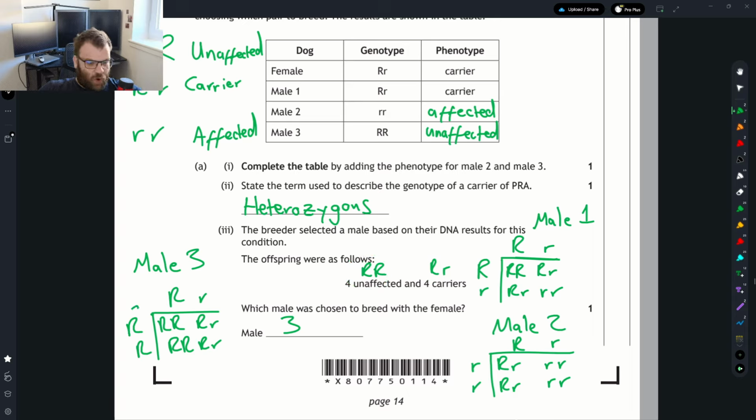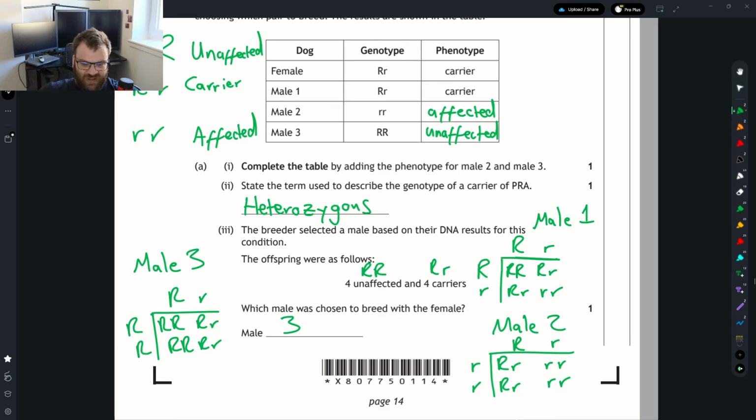Because in that case, all of them get a big R from their dad, half of them get a big R from their mum, so they're unaffected, half of them get a little r, which means they'd be a carrier for that. So there are ways of doing it where you just work your way through it. Writing them down like the Punnett square way shows it at a glance. So there's pros and cons to all of them. Shouldn't take you too long to write them out, but it does take longer than just trying to puzzle it through in your head.